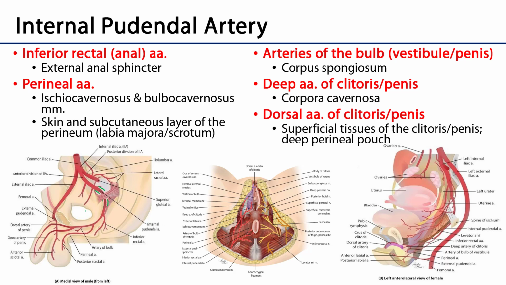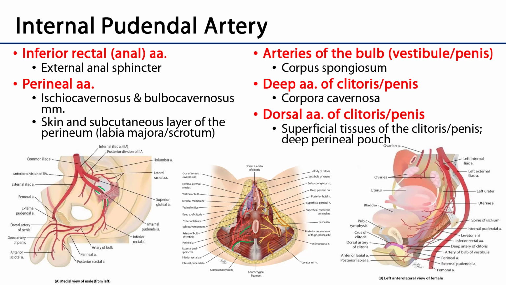When it exits from the pudendal canal, so that space through the fascia of obturator internus, we're going to see branches heading out towards the external anal sphincter. These are the inferior rectal or inferior anal arteries.